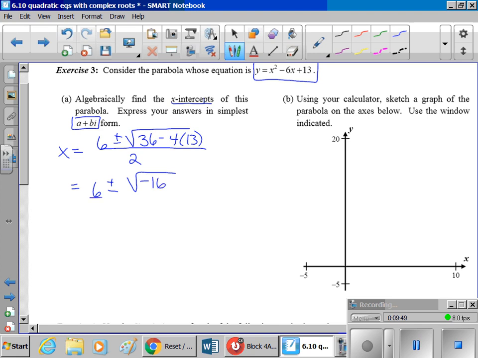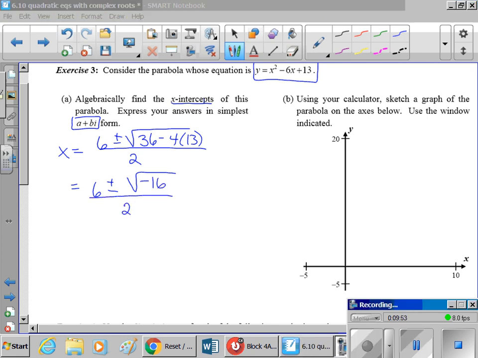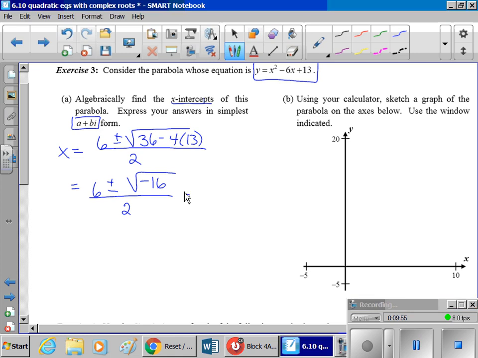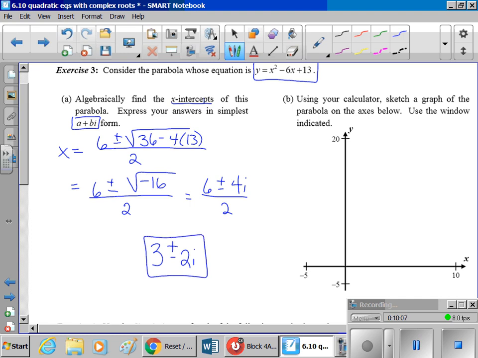Just want to make sure my math is right. Divided by 2, which is equal to 6 plus or minus 4i over 2, divide each by 2, and my answer is 3 plus or minus 2i. So those are the roots of my quadratic.